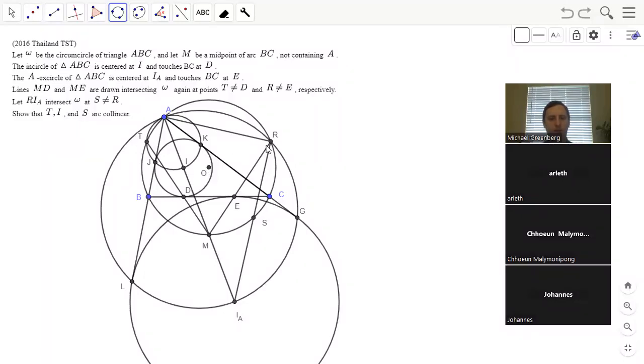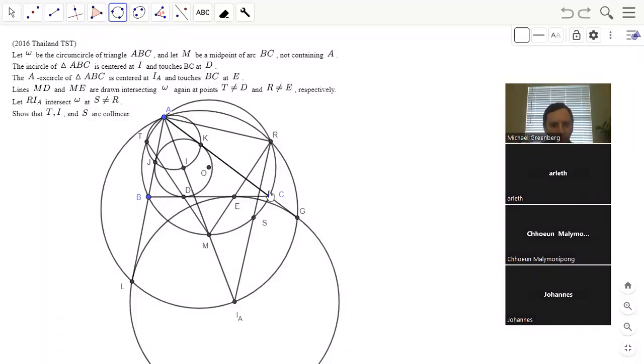So I wonder if we can make the same argument here. We know TD bisects angle BTC. Here we want to show that RE bisects angle BRC.